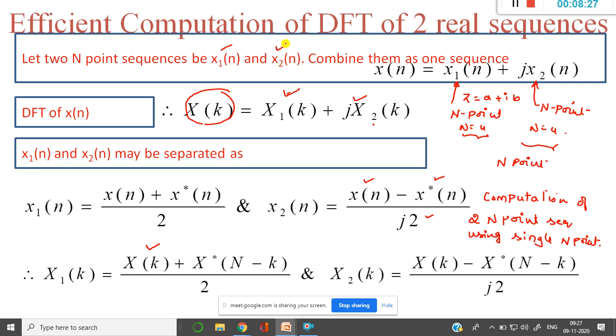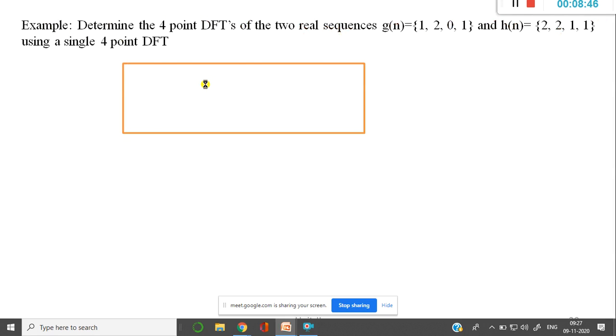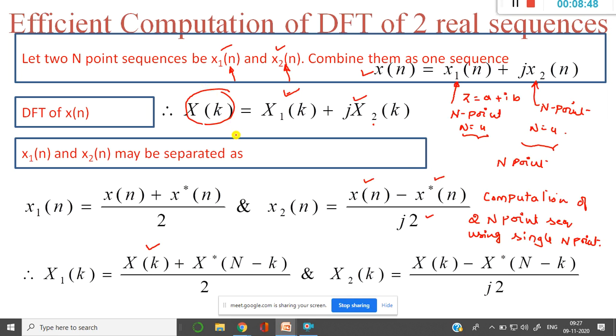There are two n-point sequences, and we obtained their DFT using a single n-point DFT. So this is how we say that it is the efficient computation of DFT of two sequences.